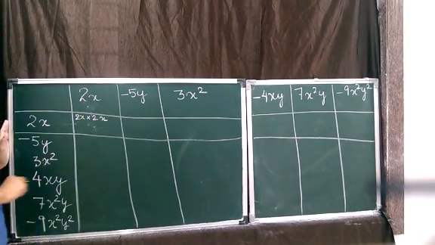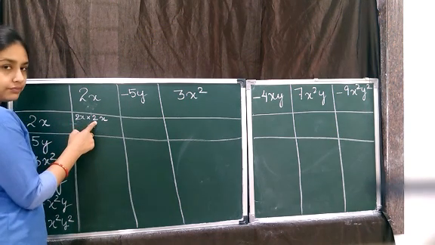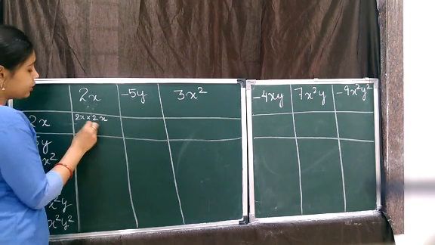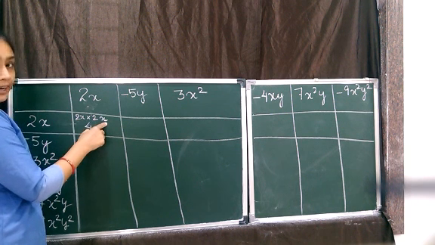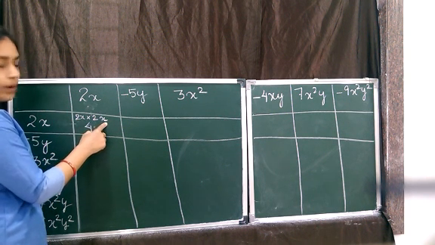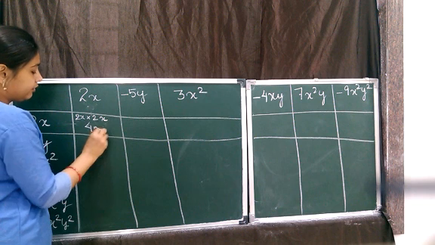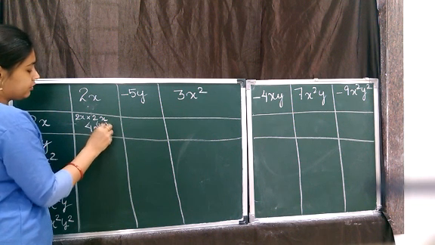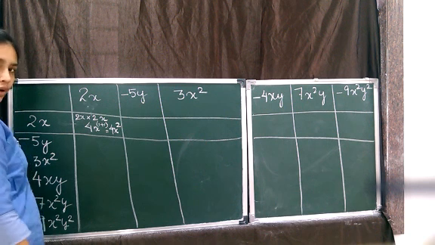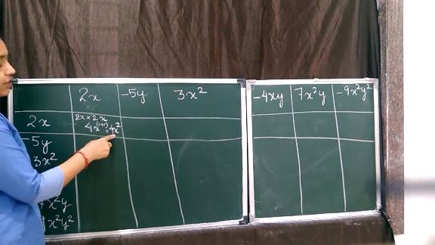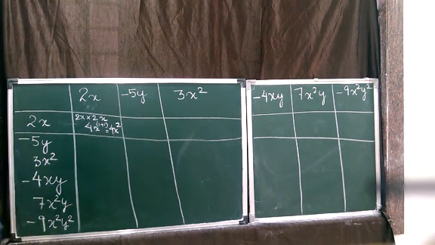We are going to multiply here. 2 2s will give us 4, okay, and x into x will give us x square. So 4x square. Okay, so this is the first one, 4x square.